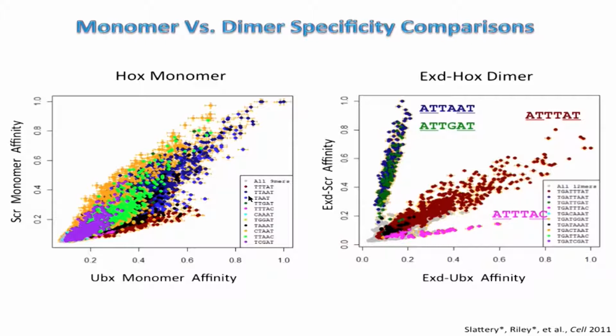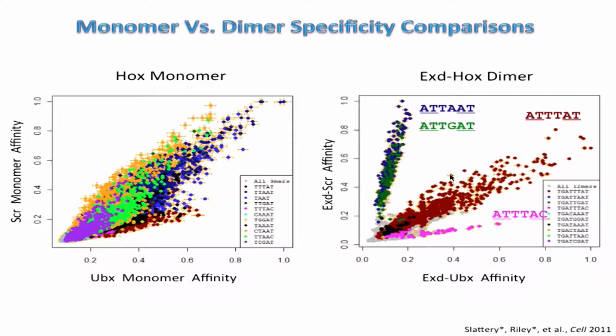Here, all of these are N-mers. Every point corresponds to a monomeric N-mer binding site. Over here, the heterodimeric binding site is a 12-mer, so each of these points represents a 12-mer in affinity space.